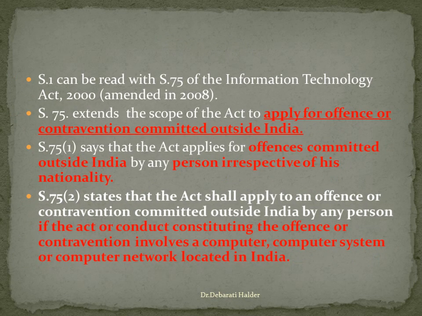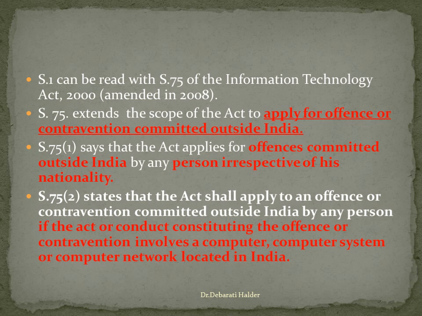Section 1 can be read with Section 75 of the Information Technology Act 2000, amended in 2008. Section 75 extends the scope of the Act to apply to offences or contraventions committed outside India. Section 75 Clause 1 says that the Act applies to offences committed outside India by any person, irrespective of his nationality.